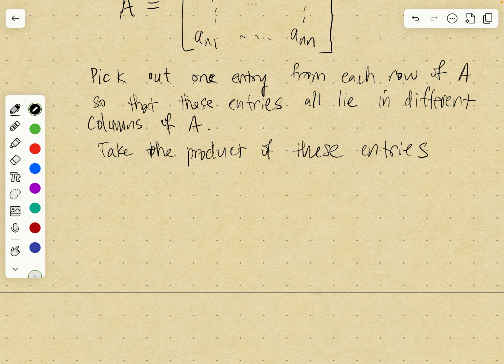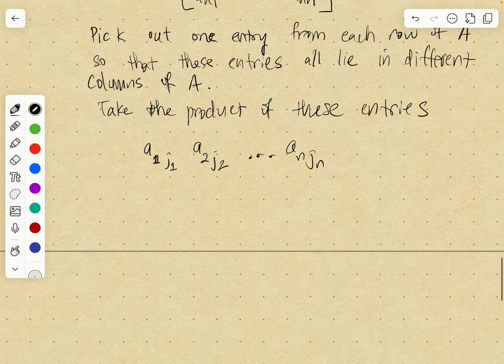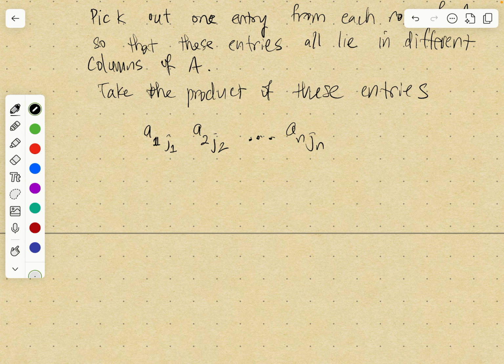So for the first row, you're going to have a sub 1 something, right? So let's call that j sub 1. And then in the second row, you're going to have an a sub 2 something, so let's call that j sub 2, all the way to a sub n, j sub n. So you multiply all these together and you get that.